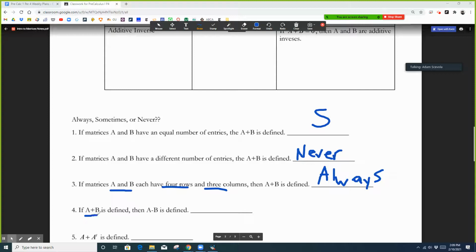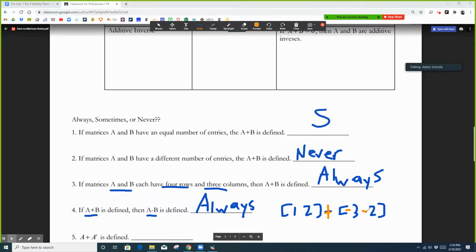If A plus B is defined, then A minus B is defined. All right, that's going to be true always because subtraction is just adding the opposite. So it's still adding. So you're still allowed to do it. Like if I had like this minus that, all right, that's the same thing as doing this, where I just make this a plus and make that a negative and that a negative.